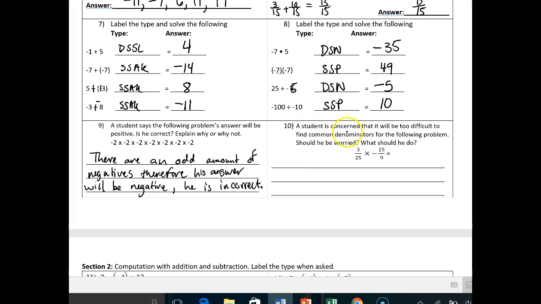Number 10, a student is concerned that it will be too difficult to find common denominators for the following problem. Should he be worried? What should he do? He should not be worried, because you don't need common denominators when multiplying.